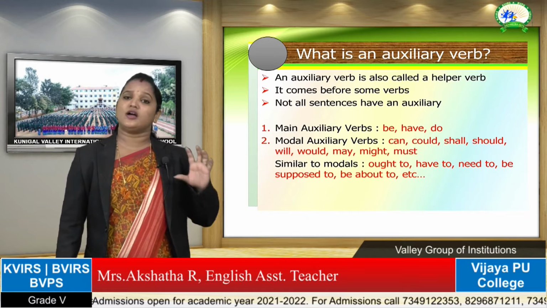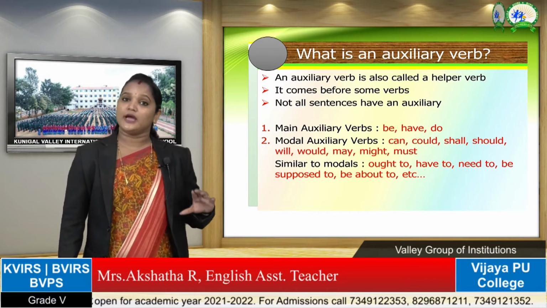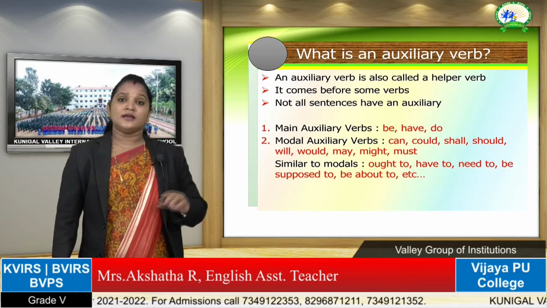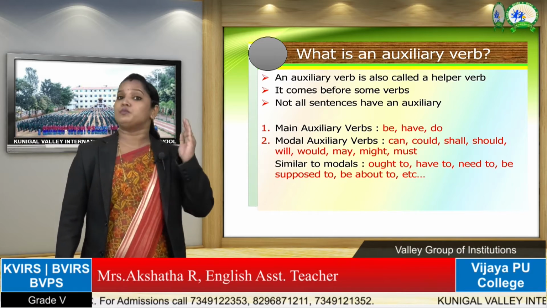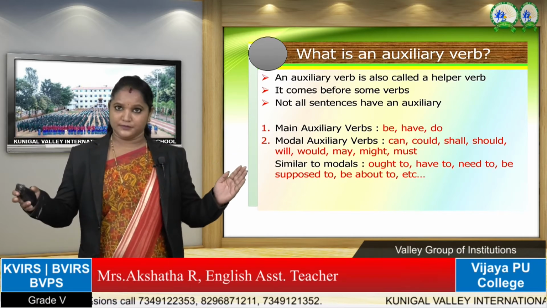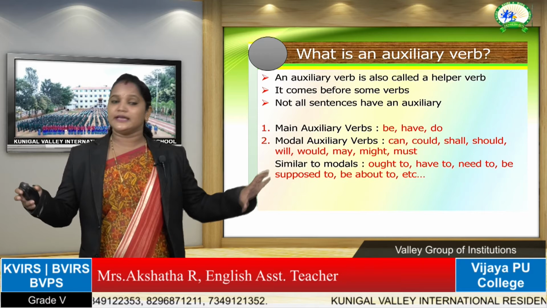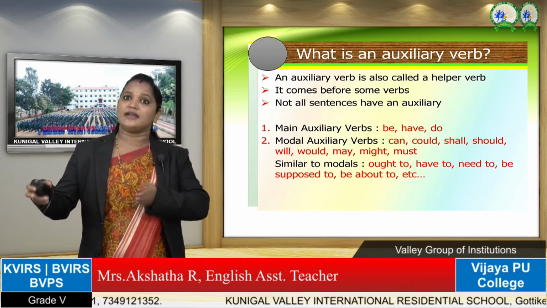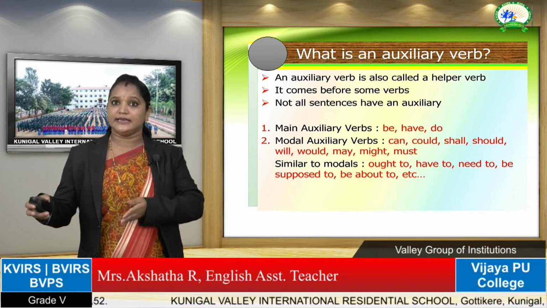Along with the main auxiliary verbs, we also have modal auxiliary verbs. That means the verbs are divided into main verbs and helping verbs. You know what main verbs are? They are all the action words. The helping verbs are also called auxiliary verbs.